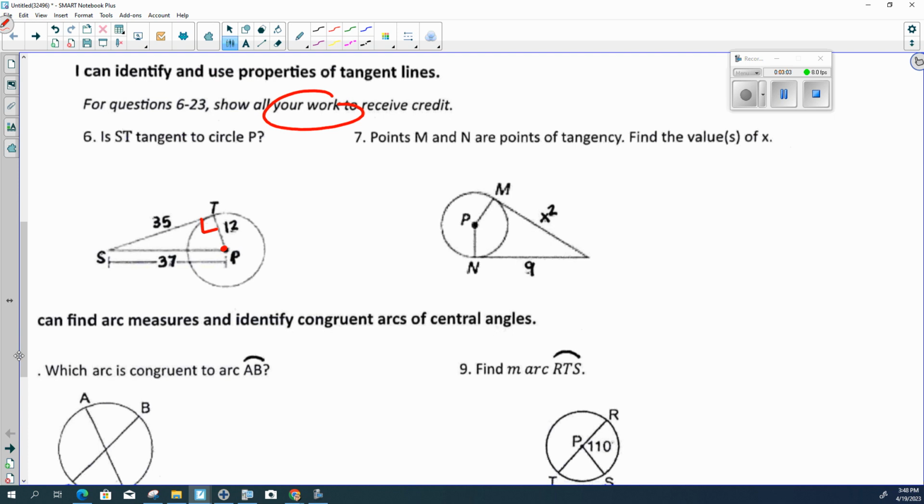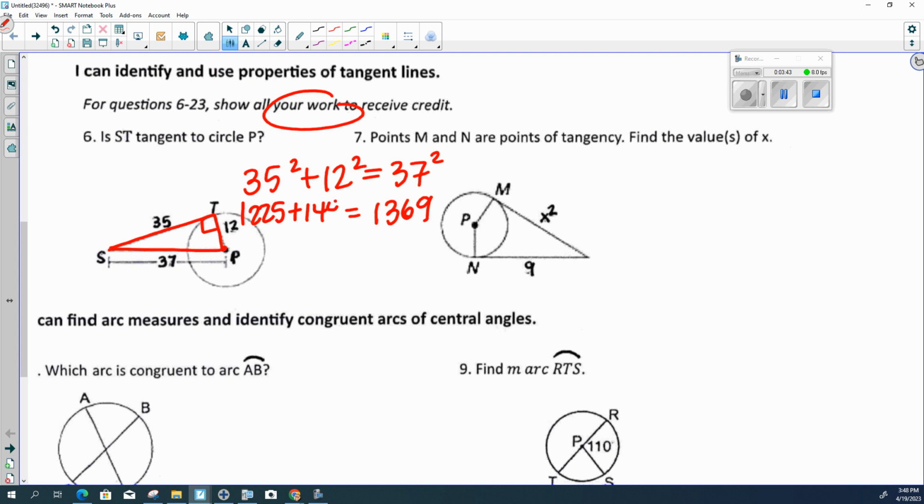So I think this is tangent line to circle. So a tangent, it's a tangent line to a circle if and only if the line is perpendicular to the radius. So we're checking to see if that is in fact true, and again, that would make this a right triangle. So A squared plus B squared would have to equal C squared. So I would say just, kind of type these into your calculator. 37 squared is 1,369. 35 squared is 1,225.